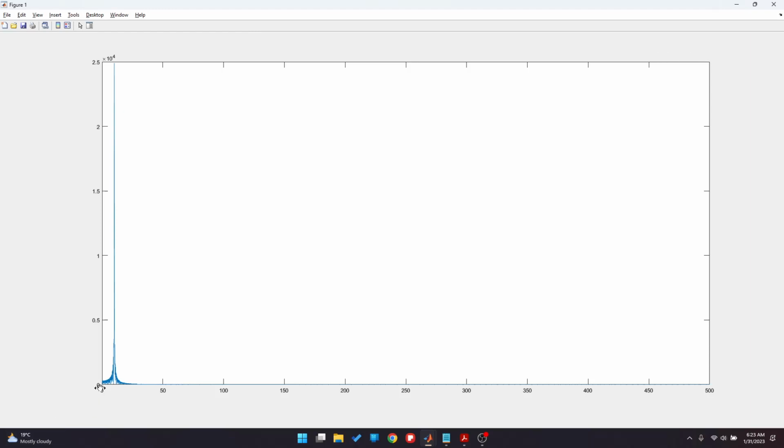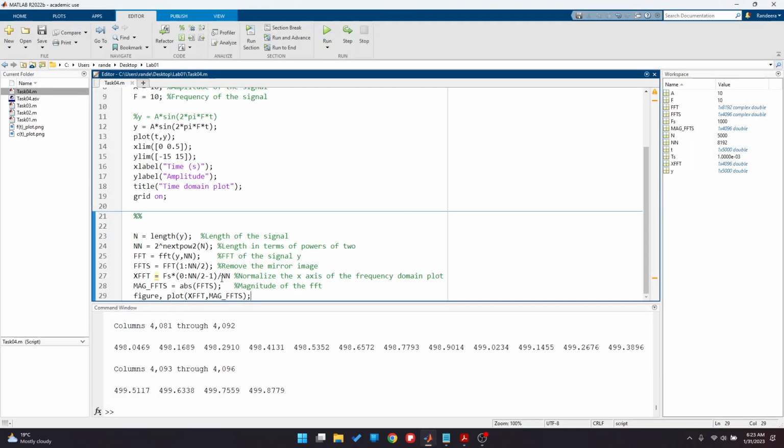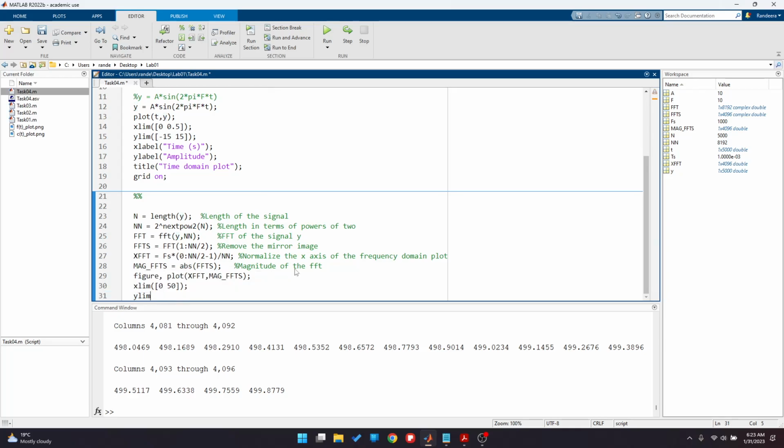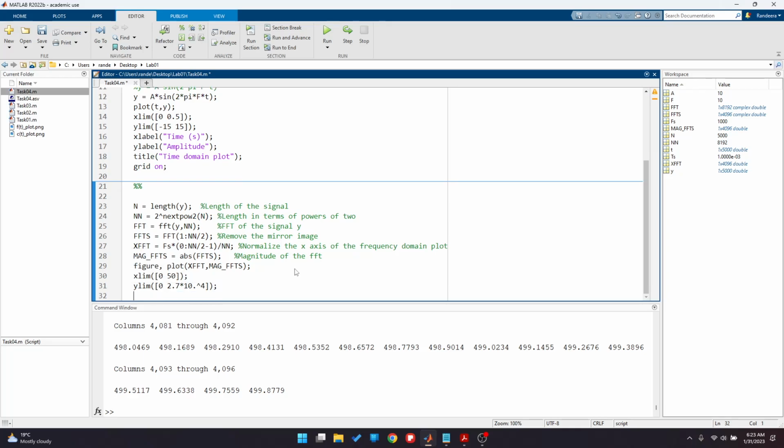The x-axis I will limit from 0 to 50 hertz, and the y-axis I will limit from 0 to maybe 2.7 times 10 to the power 4. And I will label the x-axis and y-axis and the title.